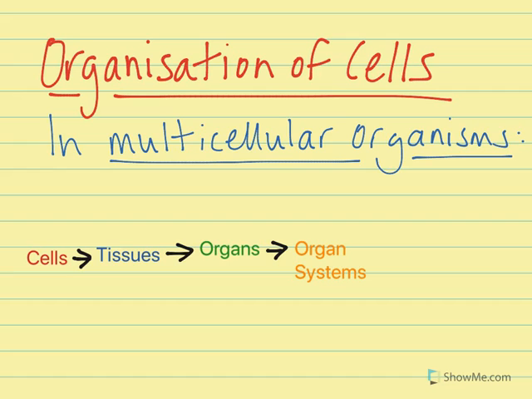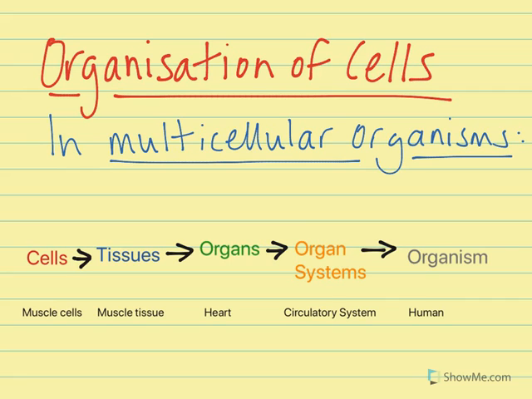And all the organ systems put together make up the organism, such as you or I. So if we look at an example of each of these, for example muscle cells can be found working together to form muscle tissue within an organ, such as the heart, and the heart is one organ in the circulatory system, and the circulatory system, along with other systems like the digestive system and the nervous system and the skeletal system, etc., all work together to produce the full organisms such as ourselves.